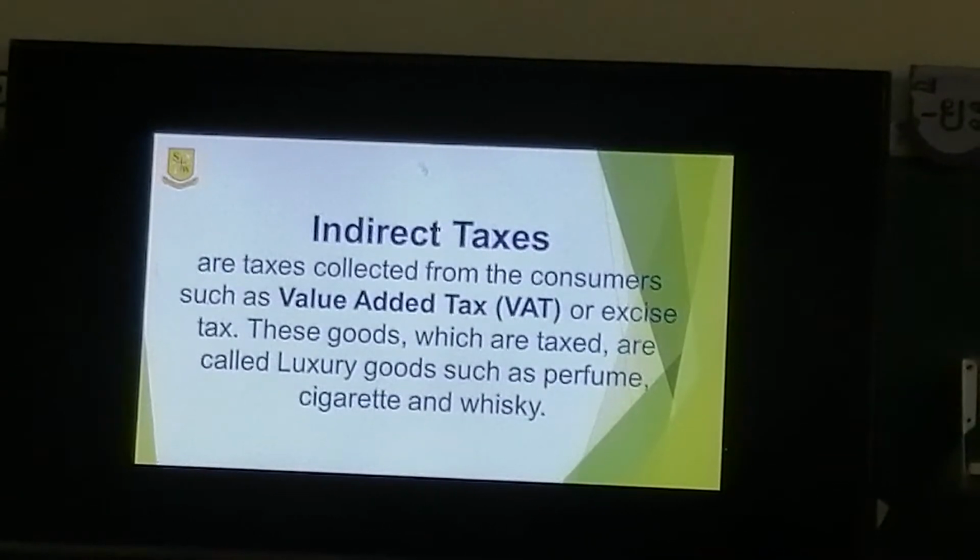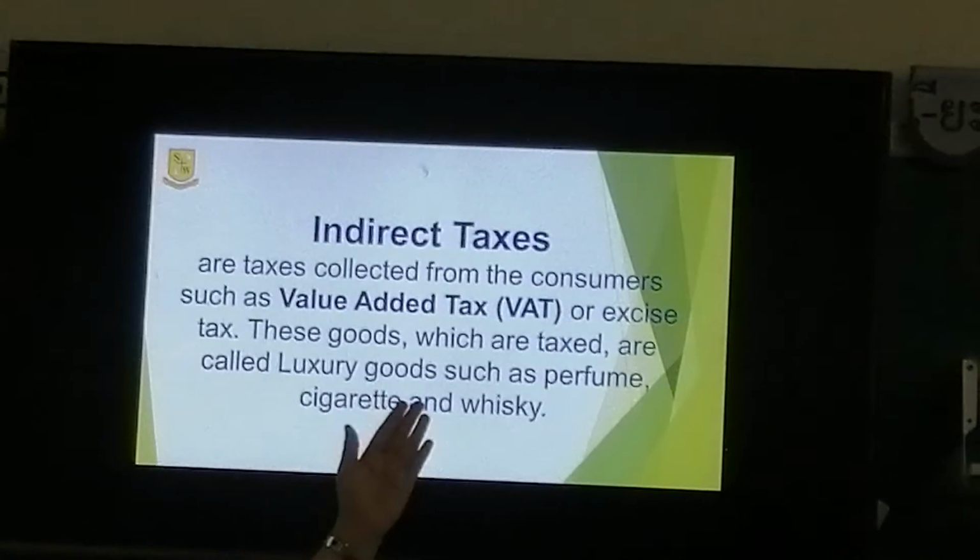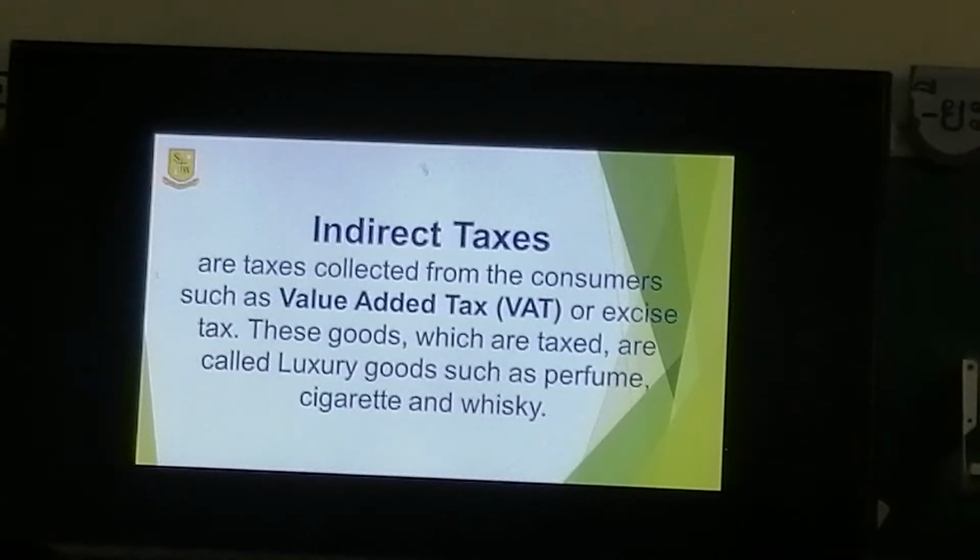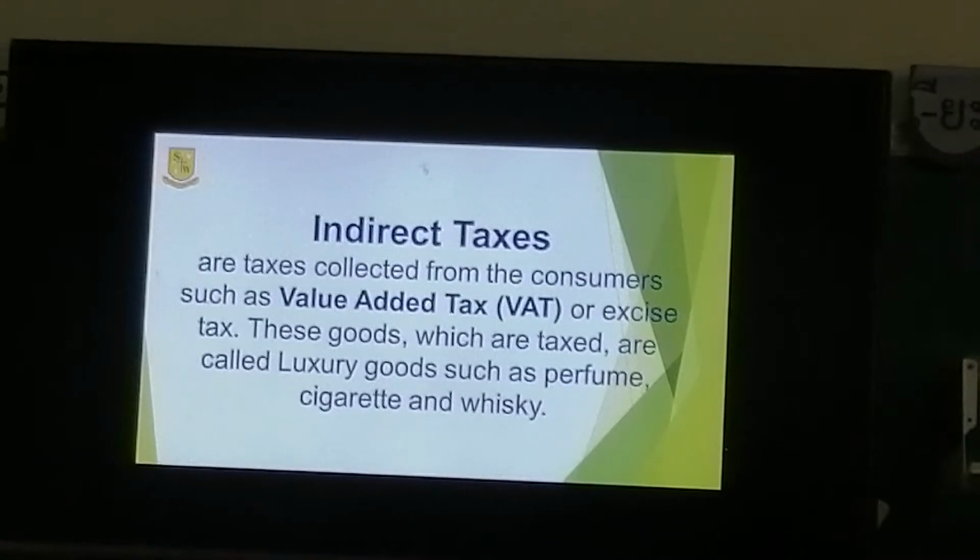But mostly the VAT is on luxurious goods such as perfume, cigarettes, and whiskey. Those things have VAT, or value added tax. You will get that from groceries or when you go shopping. If you see your receipt, the white paper, there's a VAT plus 0.16%, for example. So they will add the VAT to your purchase. Okay, so that is indirect tax. Do you understand?